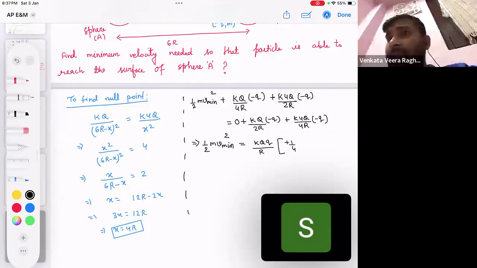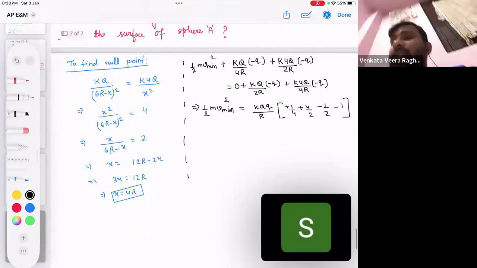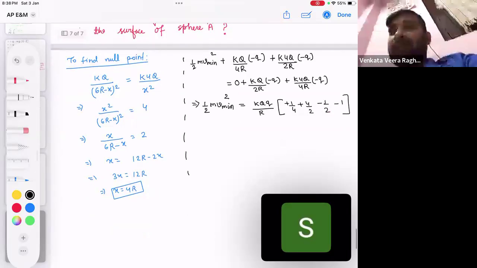Then it will be plus 4 by 2 minus 1 by 2 minus 4 by 4 gone. This is what we have. Okay, just be careful about the calculation. That's it. Now let's simplify.